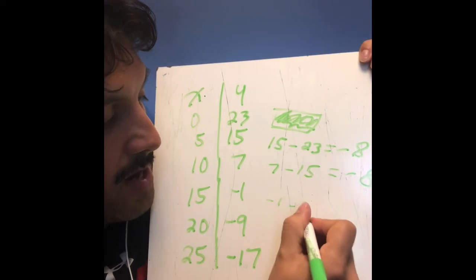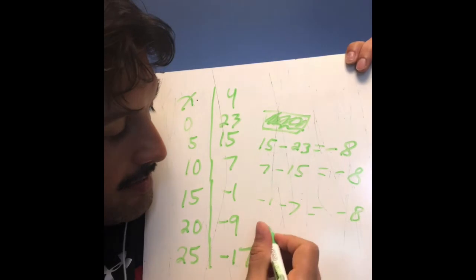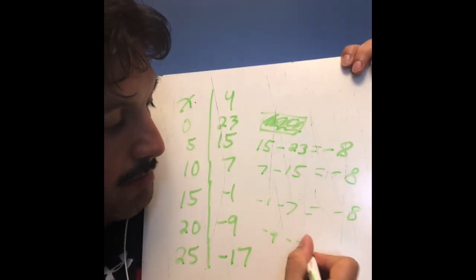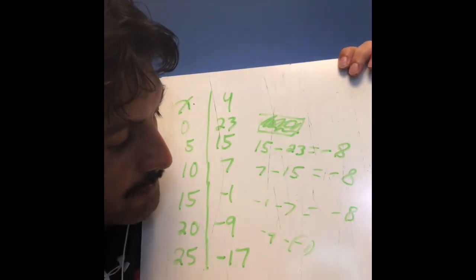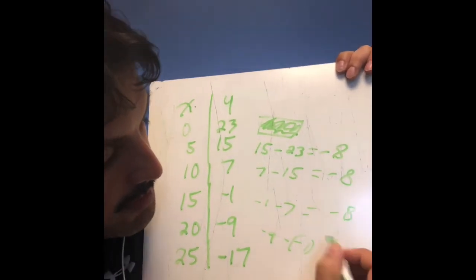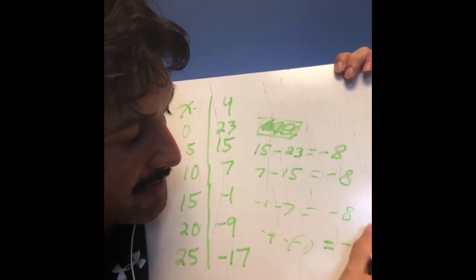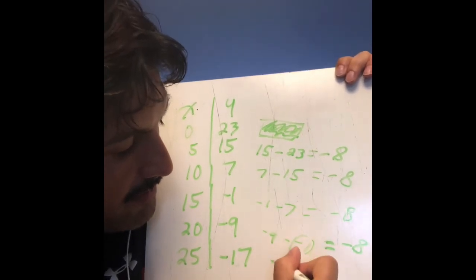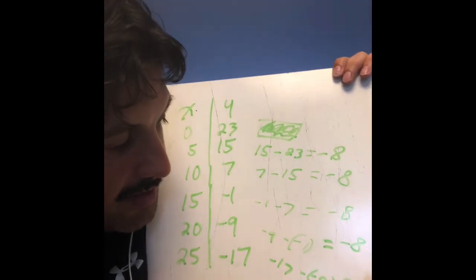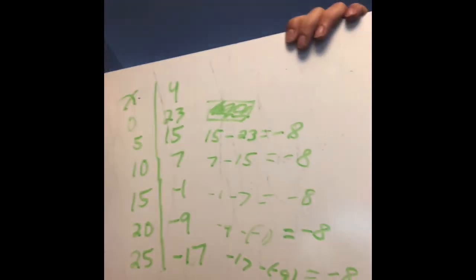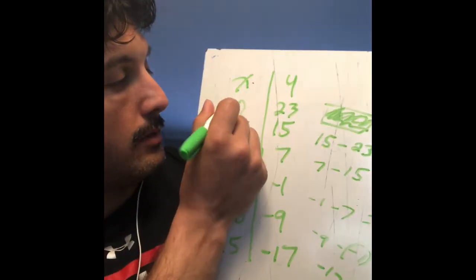Negative 1 minus 7 is equal to negative 8, you guessed it. And negative 9 minus 1 is negative 8. And negative 17 minus 9 is negative 8.